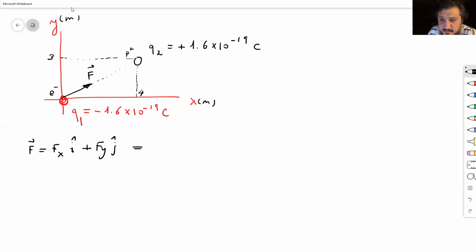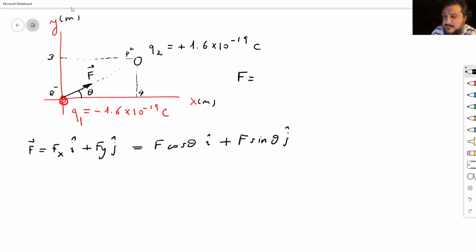Now, if this angle here is theta, the x component will be f cosine theta, right? Times i hat. And the y component would be f sine theta. And then I multiply it by j hat. But what is f?